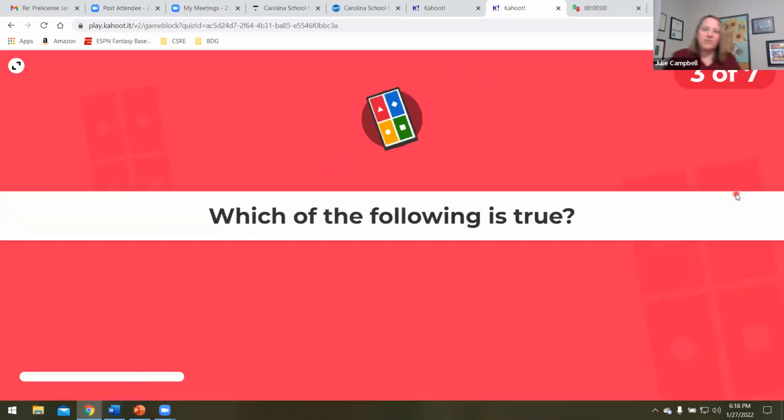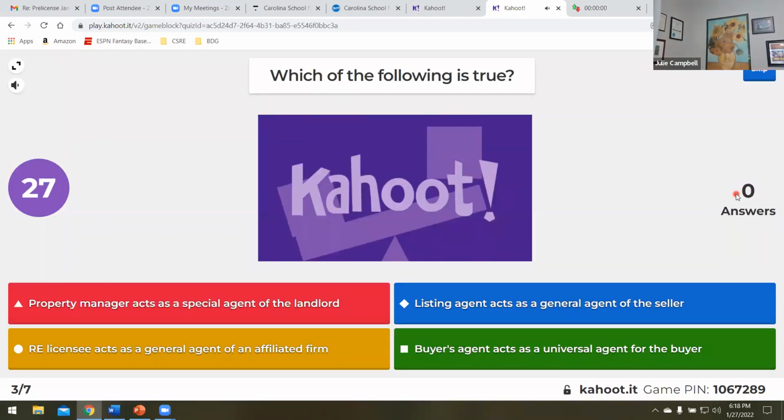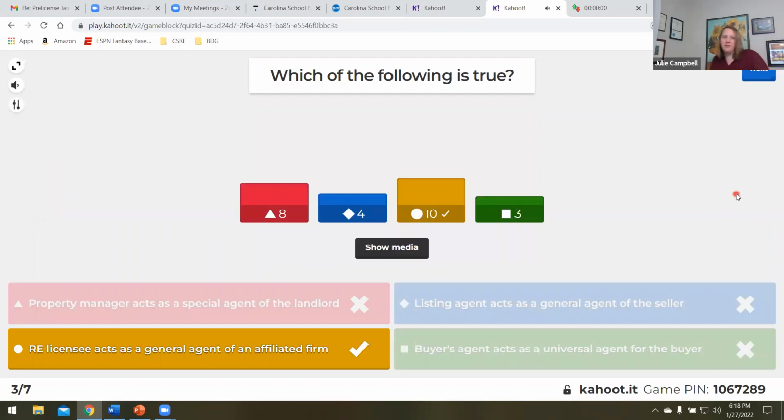Question number 3: which of the following is true?